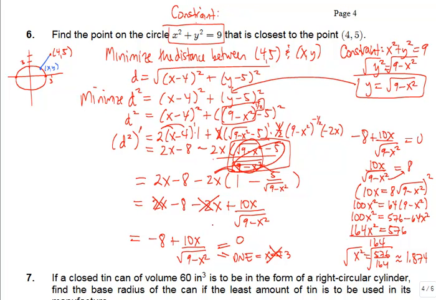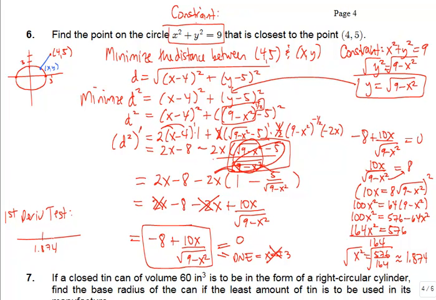So as an alternative to doing the second derivative test, you can show that this is going to be our minimum by using the first derivative test. And remember how that works. That's just using your number line. So if we put 1.874 on our number line and we test into this first derivative, a number to the left and to the right of it, we'll see what sign changes occur.